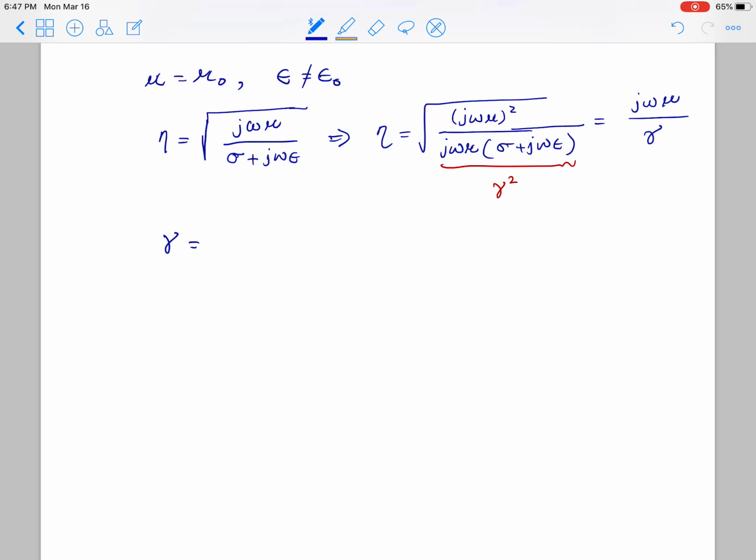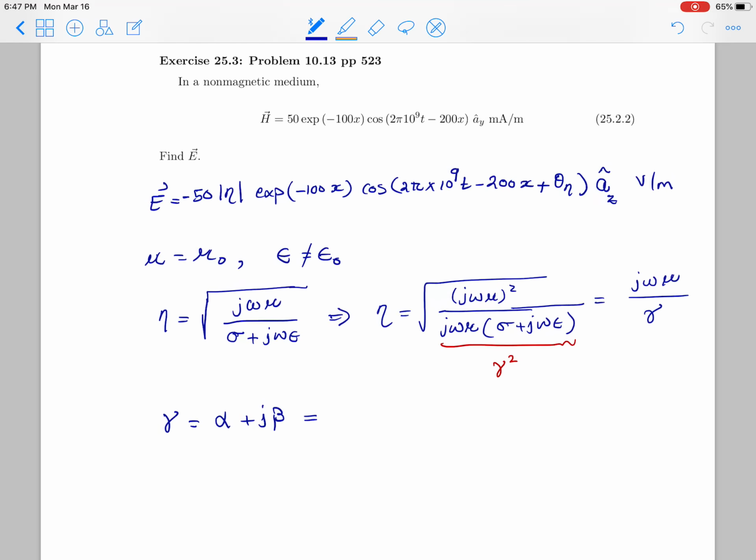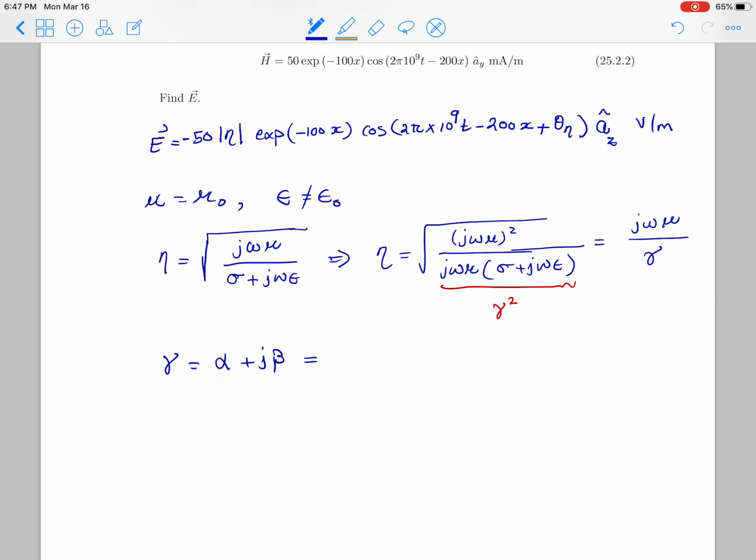So gamma, remember, is a complex quantity and it's defined as alpha plus j beta. So from the magnetic field expression, we know alpha, which is 100. We know beta, which is 200. And we can directly substitute the values.